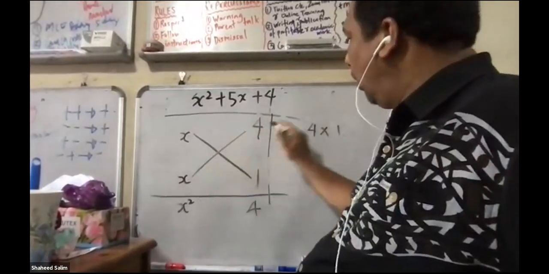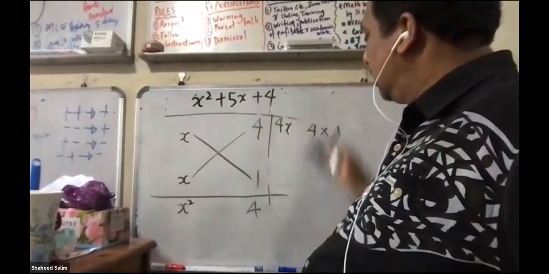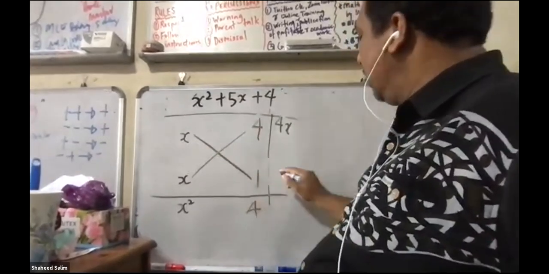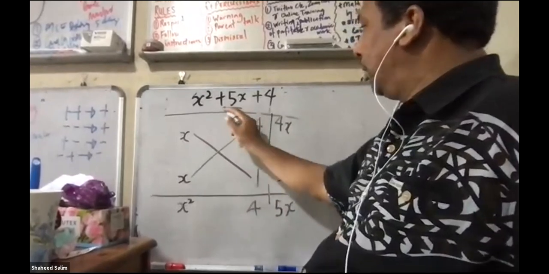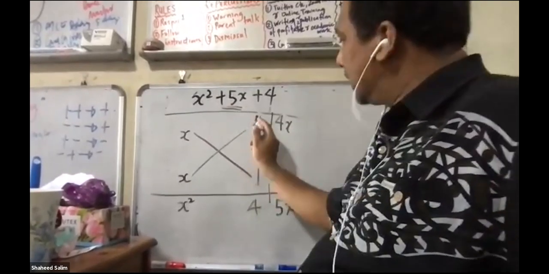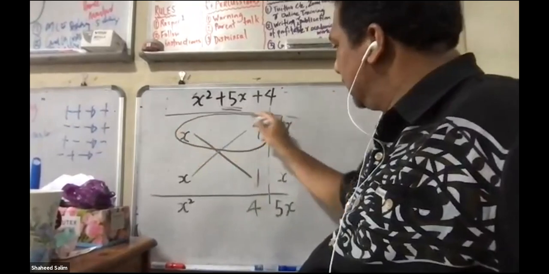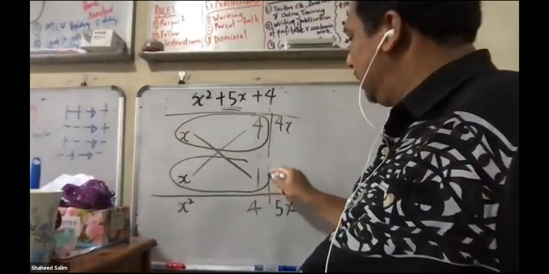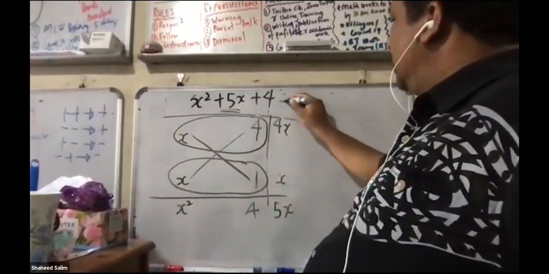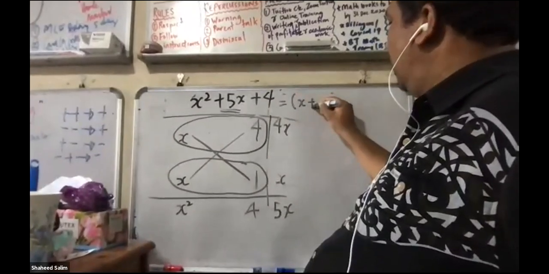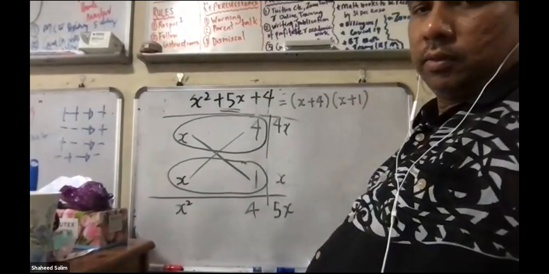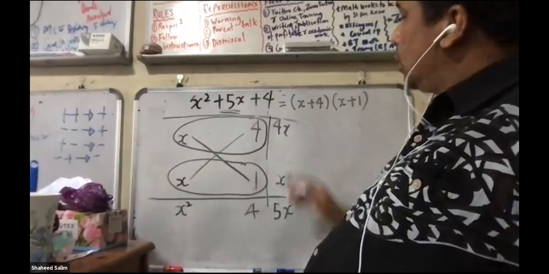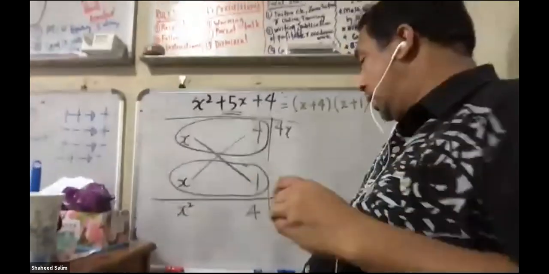So x times 4, 4x. X times 1, x. Plus together, 5x. And now this is correct. So I circle this like that. So I factorize. This is equals to x plus 4 bracket x plus 1. Now, let me try to see whether it works or not.